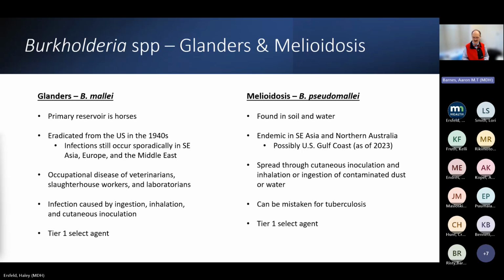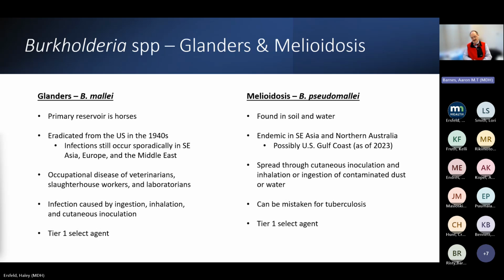Mostly this is now an occupational disease, so people who work with horses, so vets and slaughterhouse workers, sometimes laboratorians. It is still a tier 1 select agent, and you mostly get this by ingestion or inhalation, though cutaneous can happen. But it's not a thing we're going to see much of unless we've got somebody coming back from overseas.